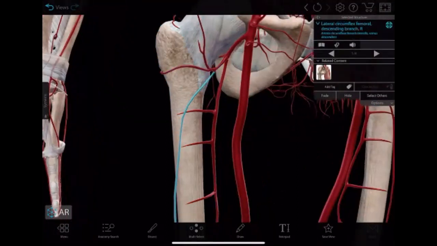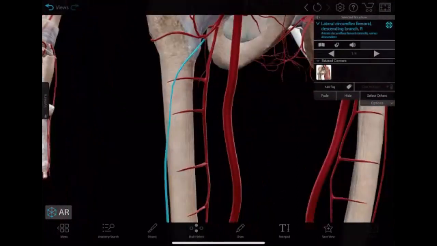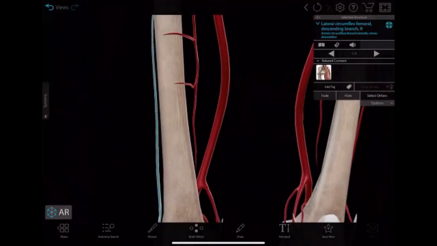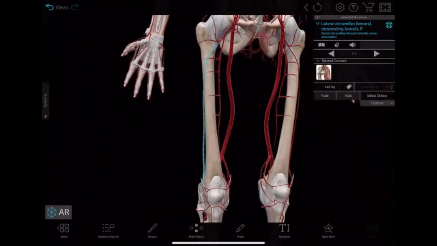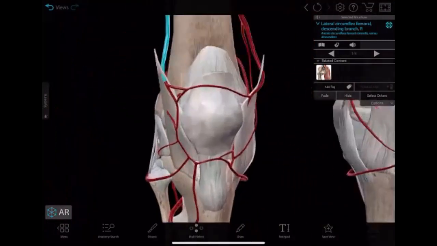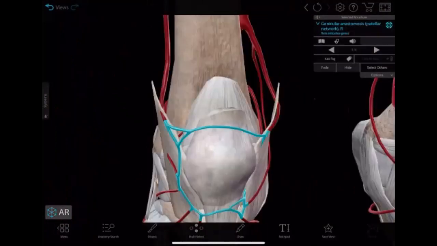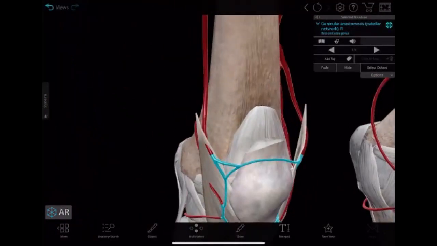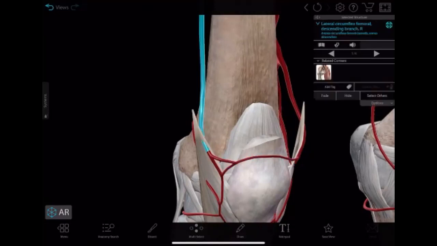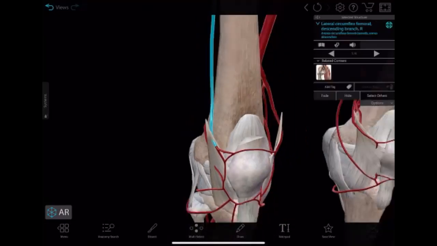This is the descending branch of the lateral circumflex, which goes down up to the knee, where it articulates with the genicular anastomosis, the medial and, in this case, lateral superior genicular artery. So this is the descending branch of the lateral circumflex femoral artery.